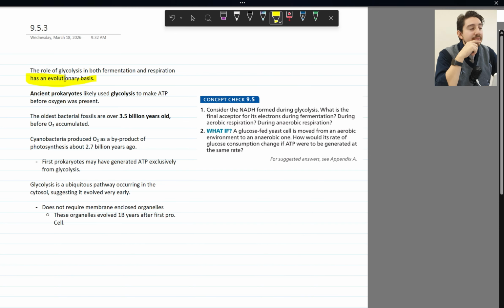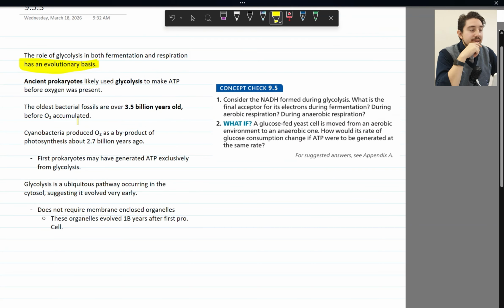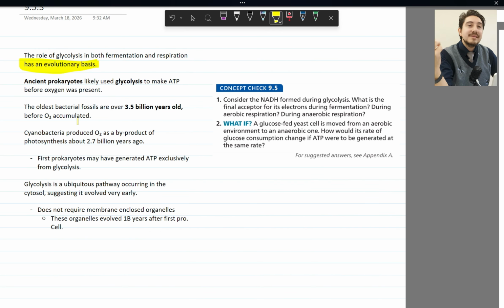Talking a little bit about evolution and glycolysis. This is very, very interesting. Ancient prokaryotes, it is thought, most likely used glycolysis to make ATP before oxygen was even present in the atmosphere. Oldest bacterial fossils are over 3.5 billion years old, before oxygen even accumulated enough in the atmosphere.